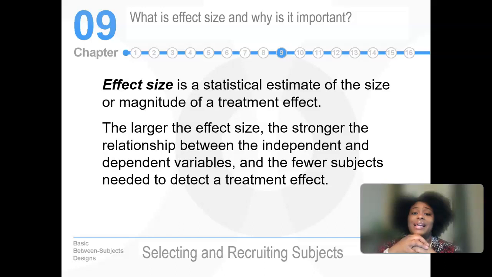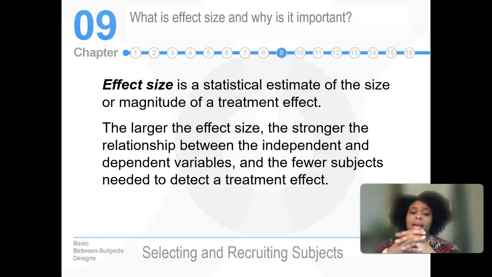The effect size, a statistical estimate of the size or magnitude of a treatment effect, is highly important to the methodology section or the data analysis section when you're implementing the measurements of your study. The larger the effect size, the stronger the relationship between the IV and the DV may be, and fewer subjects are needed to detect treatment effects.